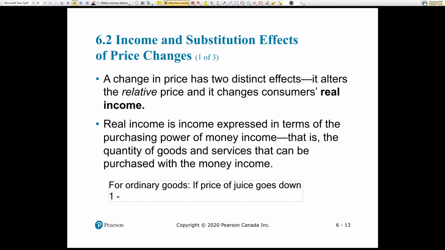One, more disposable income, so consume more: that's the income effect.